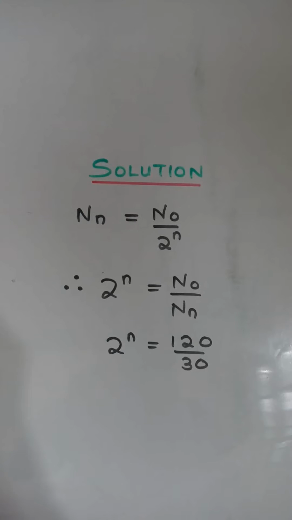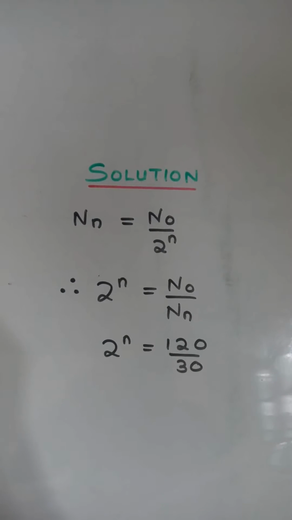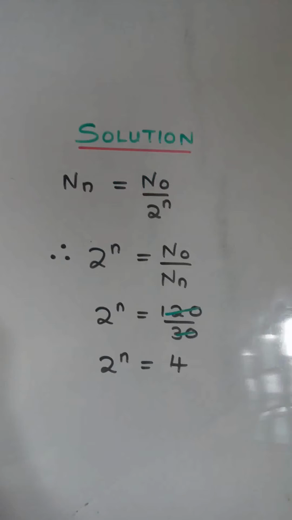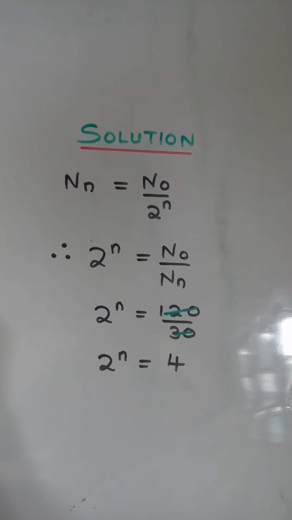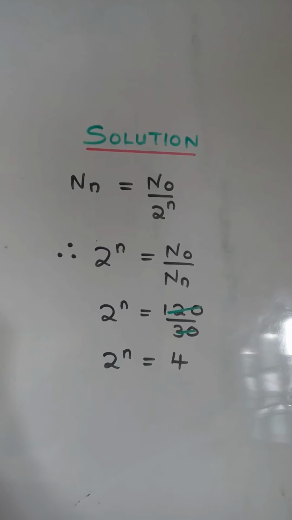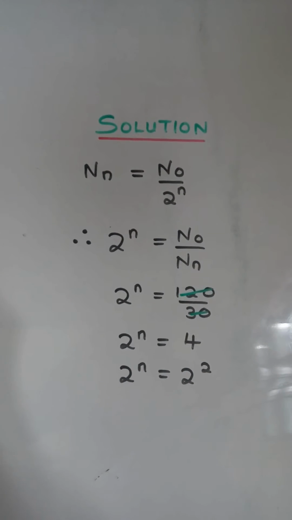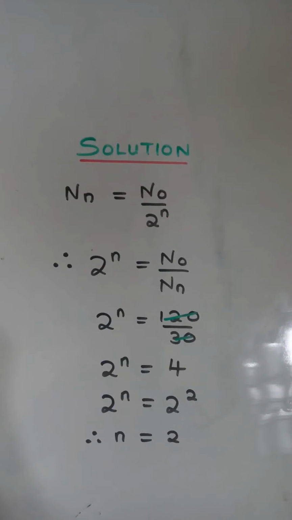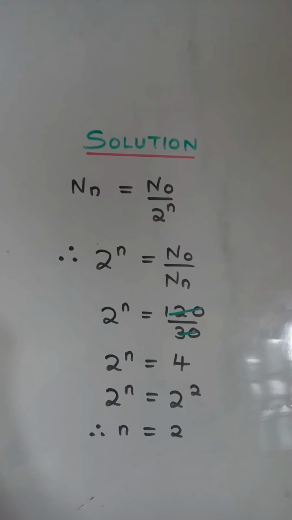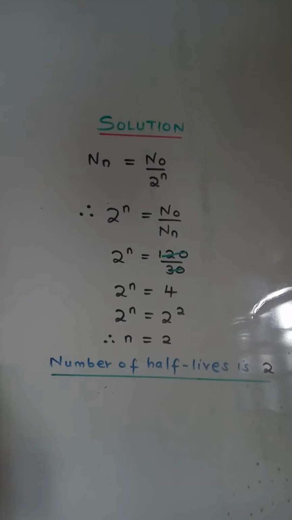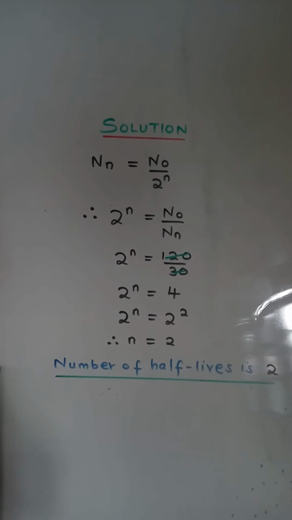Then 2 raised to n is equal to 120 over 30. 2 raised to n is equal to 4. 2 raised to n is equal to 2 squared. Therefore, n is equal to 2. Number of half-lives is 2.